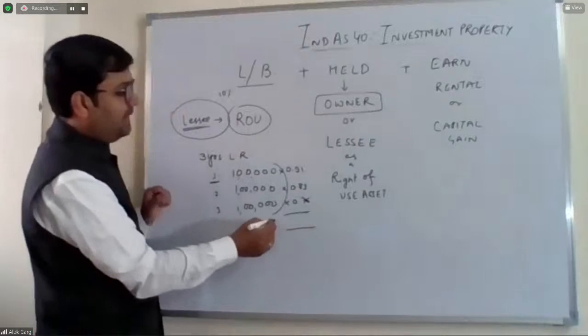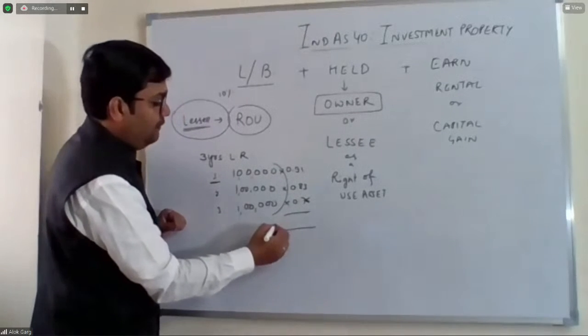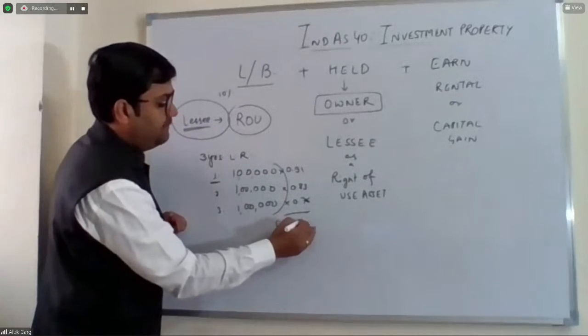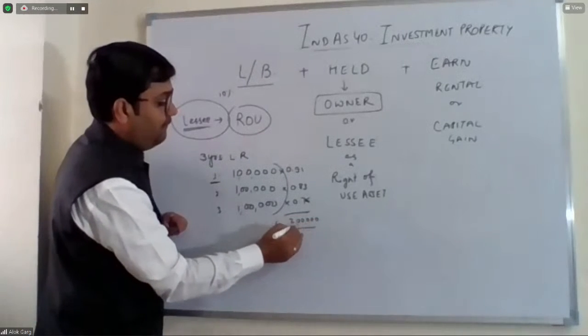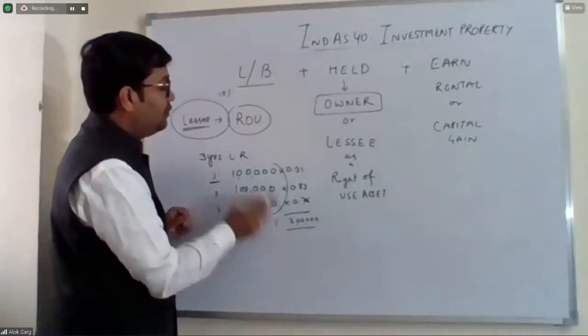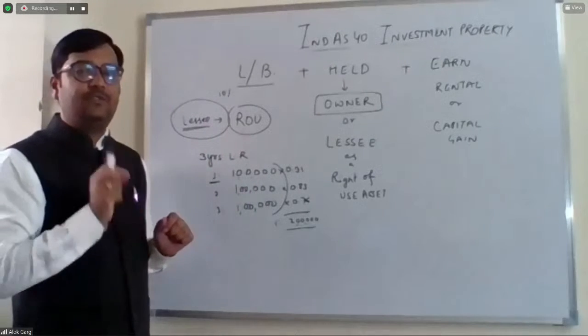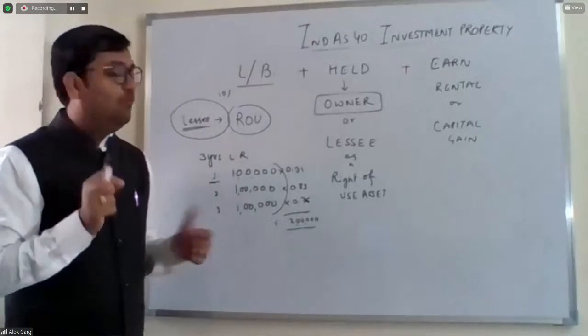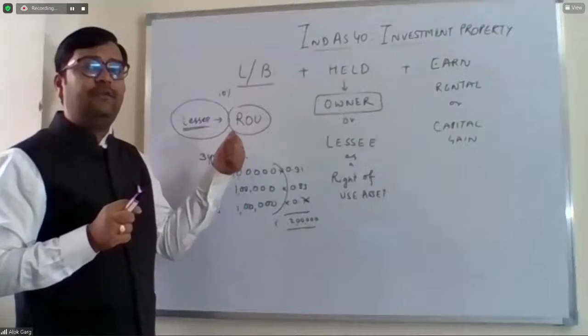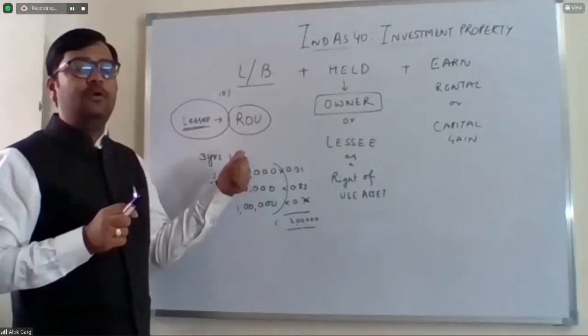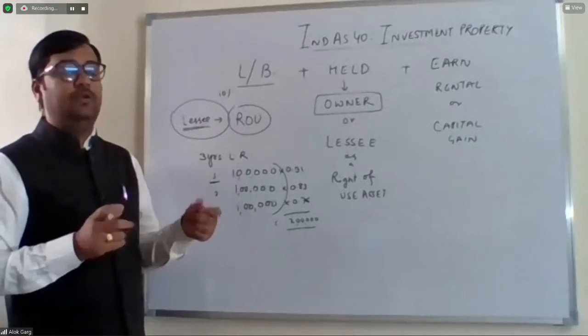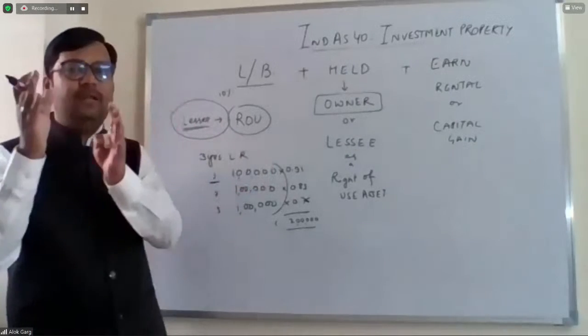Whatever will be the present value, for example, the present value is 2 lakh, I'm just taking an assumption. In this case, the right of use asset is going to be capitalized at 2 lakh. What will be the accounting entry? Right of use asset account debit to leasehold obligation account. So there is one asset and one liability.